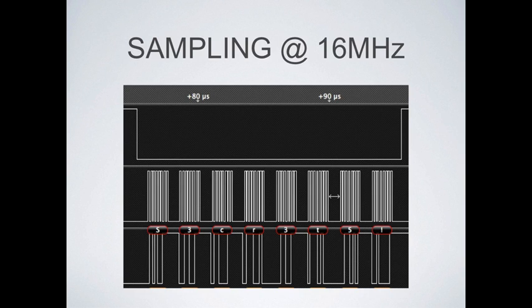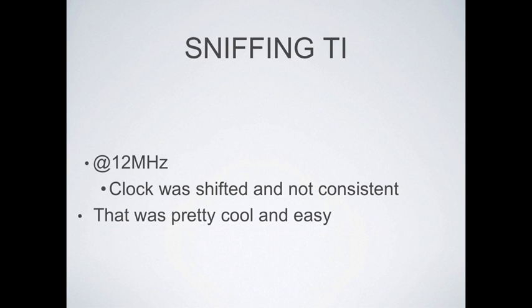This logic analyzer can do 10 megahertz, I believe. I can't remember right off the top of my head, but I think the lowest I tried sampling at was 16 megahertz, and I was still able to grab the information.